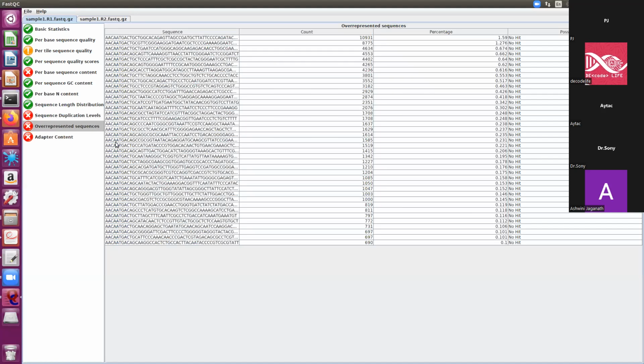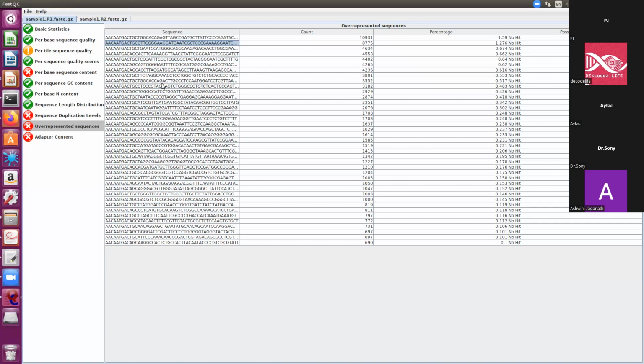Then there are some sequences in these regions. These are only found when your adapter, which I told you about yesterday, gets attached to your input sample DNA. That adapter gets read during the sequencing run, which should ideally not get read by the sequencer. Then it shows these as overrepresented sequences. This should not be present.